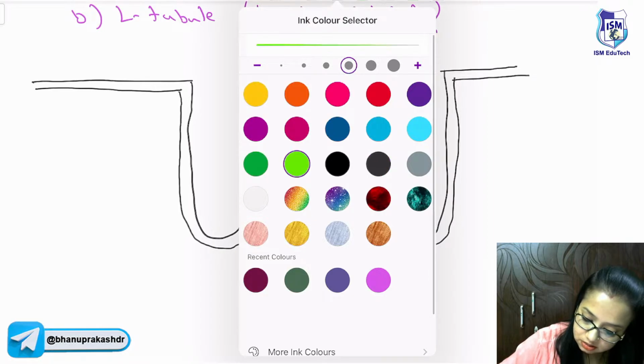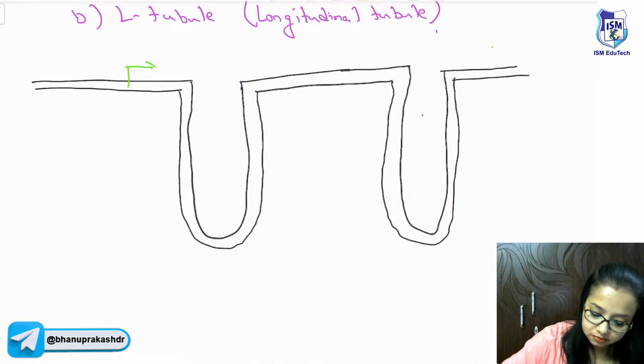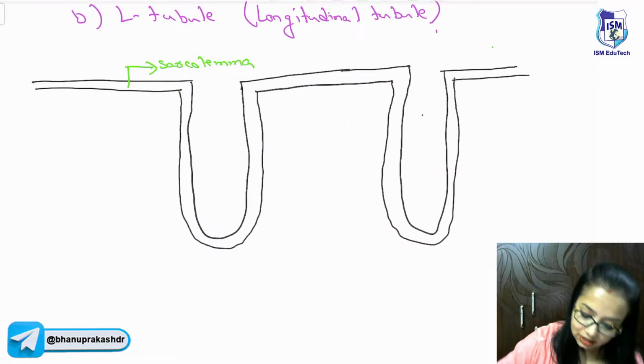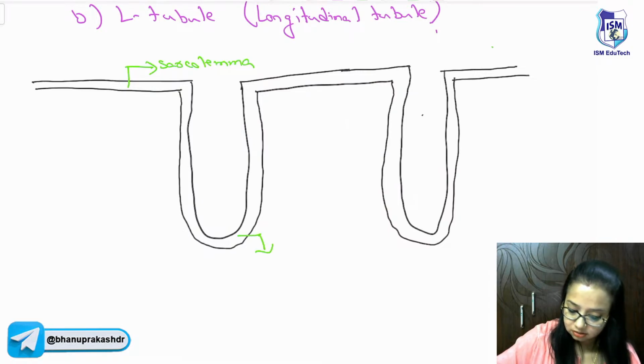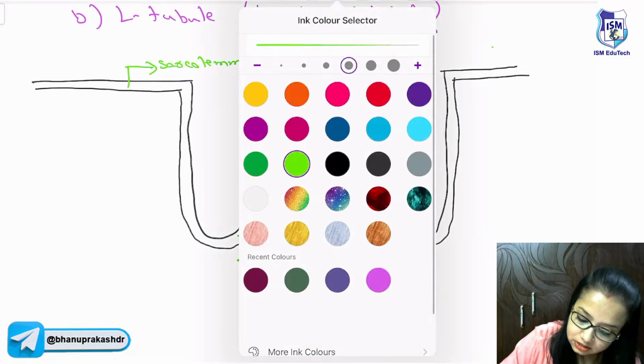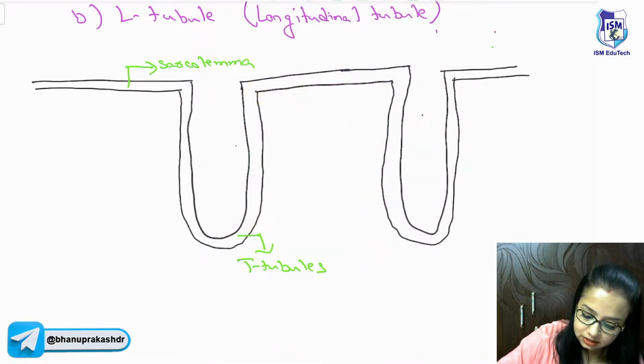This is the sarcolemma or the plasma membrane of the skeletal muscle fiber, and these are the T tubules, transverse tubules. Now, on these T tubules, there is a characteristic presence of a voltage gated calcium channel, which is the dihydropyridine receptor.